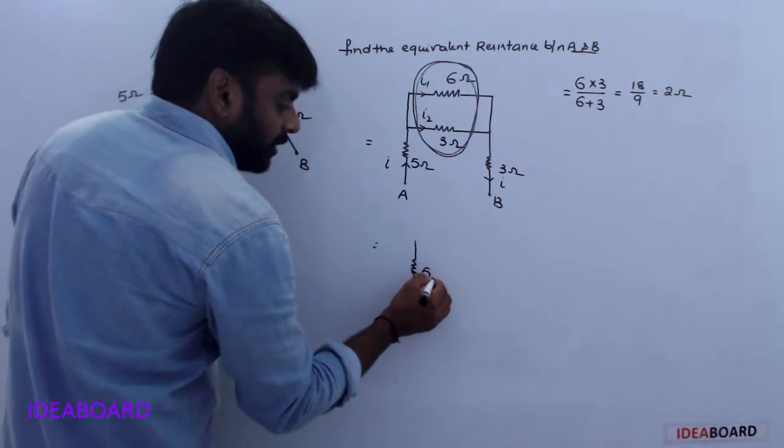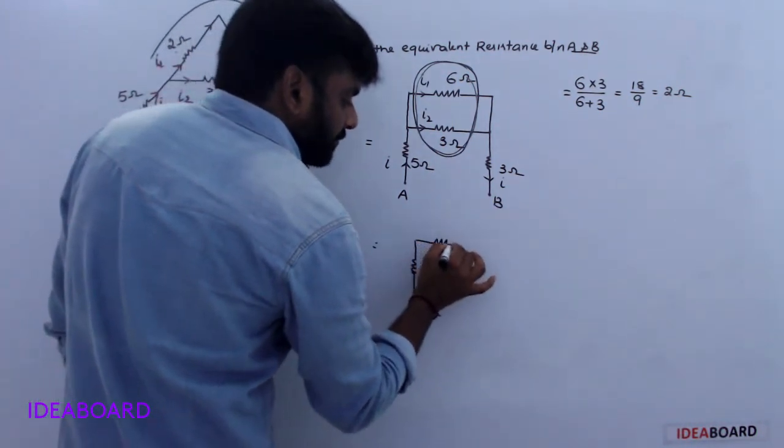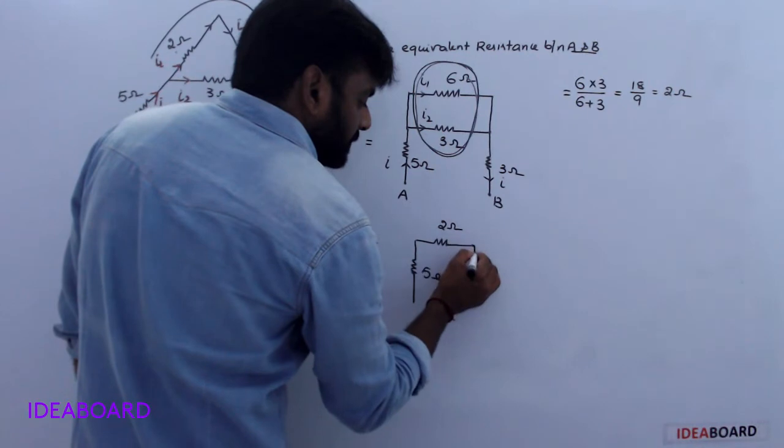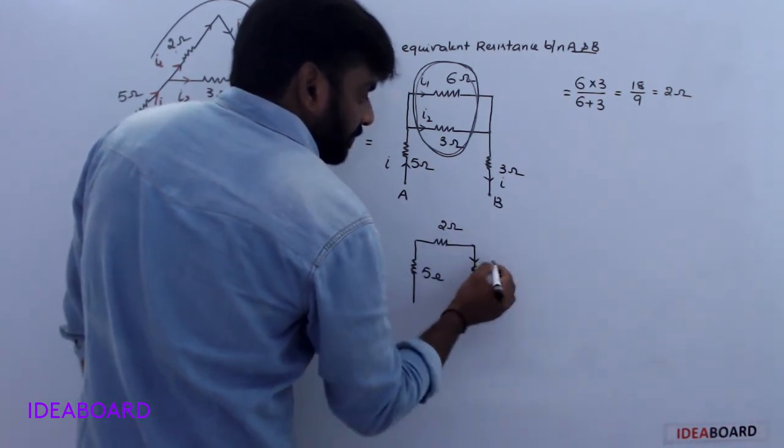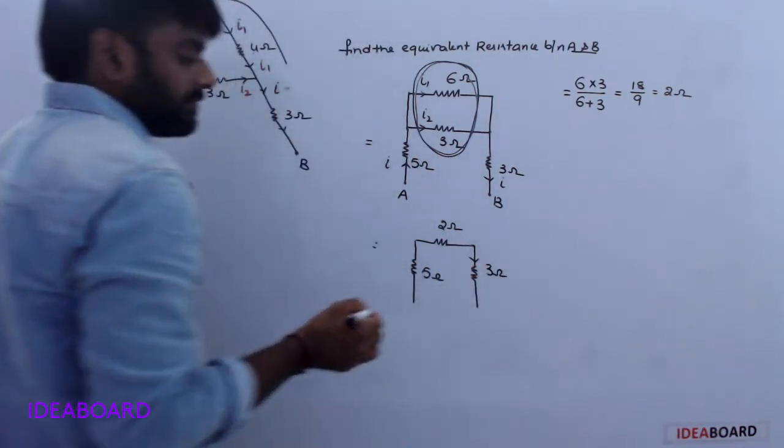Equivalent circuit. Here it is 5 ohms, this one 2 ohms, this one 3 ohms. Understood?